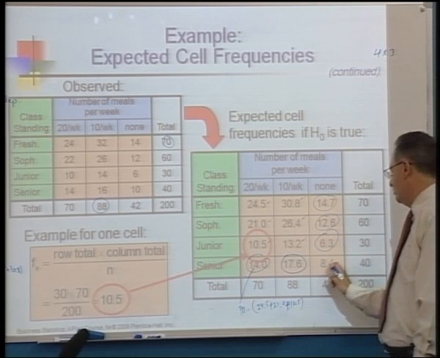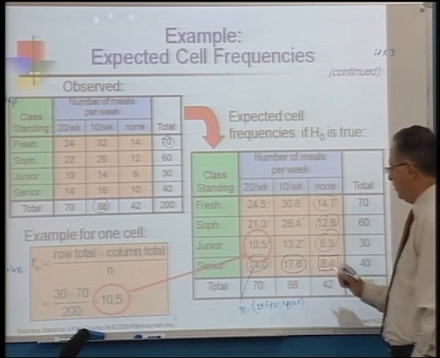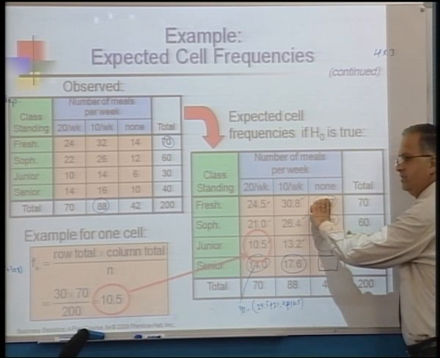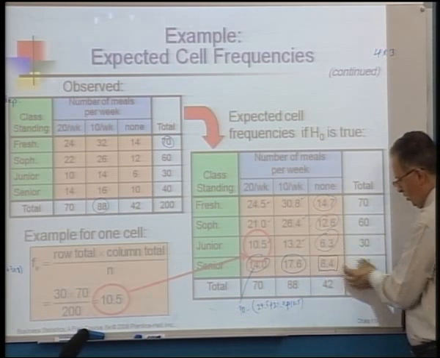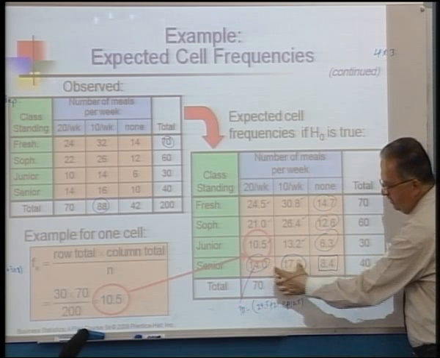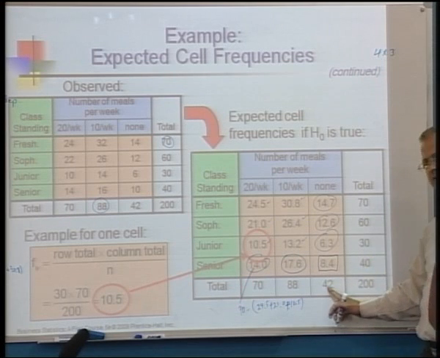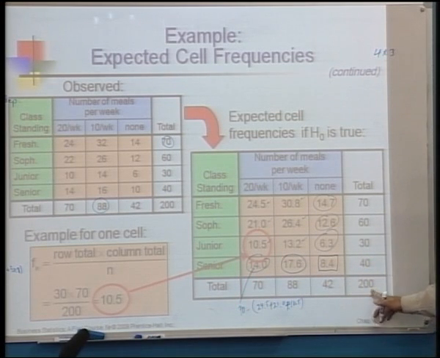Now the last one is either 42 minus the sum of these 3, or 40 minus the sum of 14 plus 6, 17.6, or 40 multiplied by 42 divided by 200.